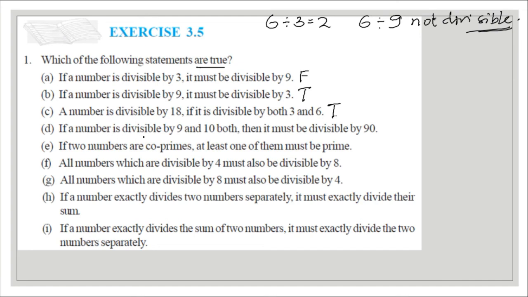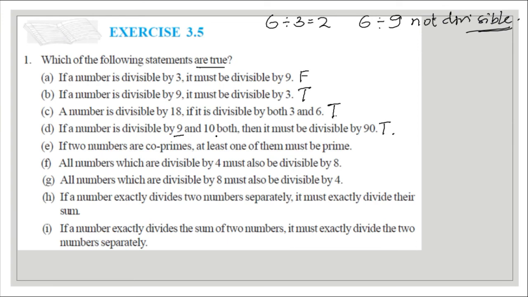If a number is divisible by 9 and 10 both, then it must be divisible by 90. It is true because we have understood an example in exercise 3.5. A similar type of question was there.